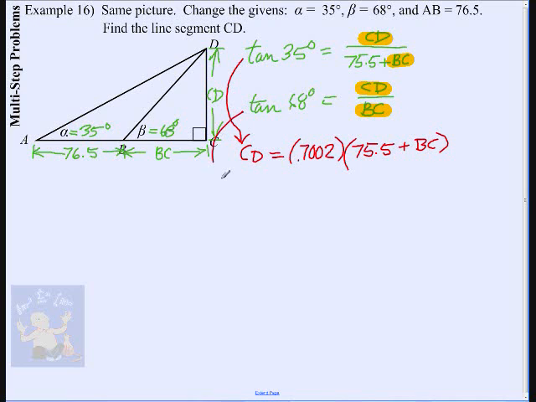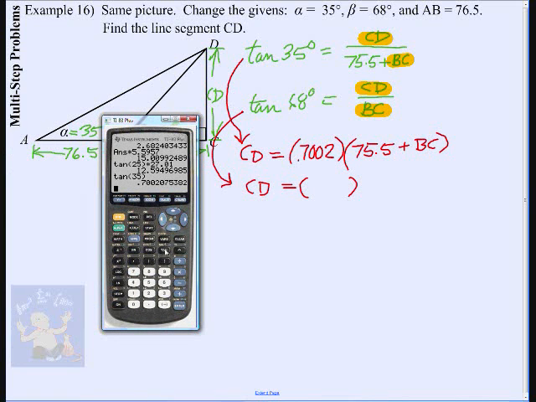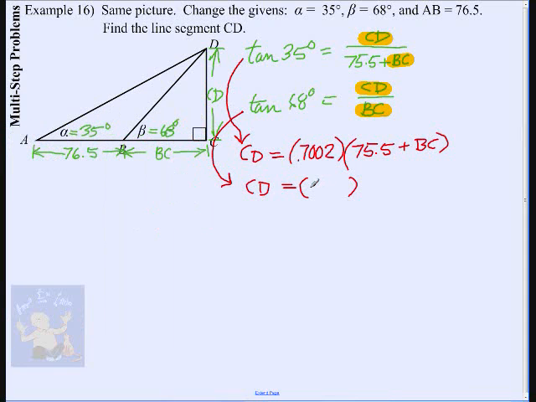And then this one looks like this. CD equals the tangent of 68 degrees, which is 2.4751, times BC.